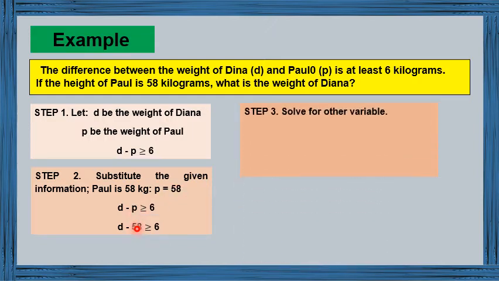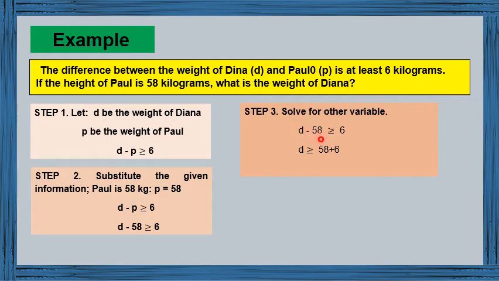Step 3, solve for the other variable. D minus 58 greater than or equal to 6. We have D greater than or equal to 58 plus 6. So this 58, the subtraction here, is a negative integer.